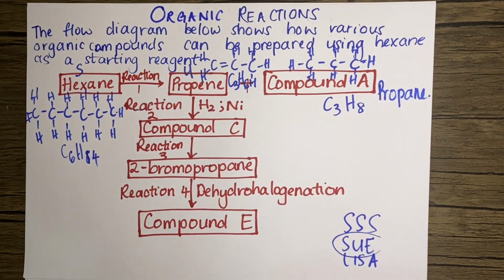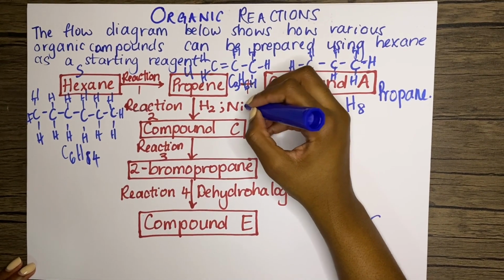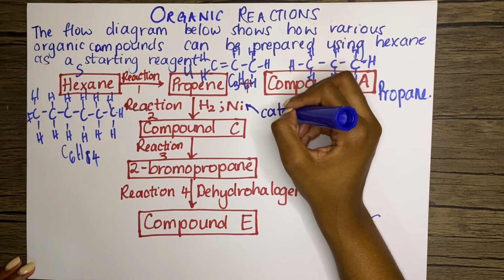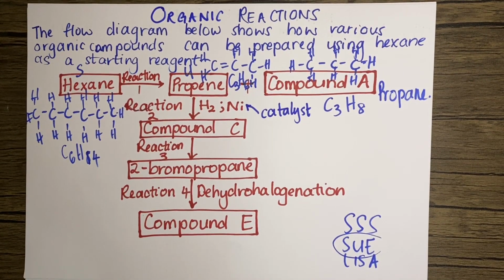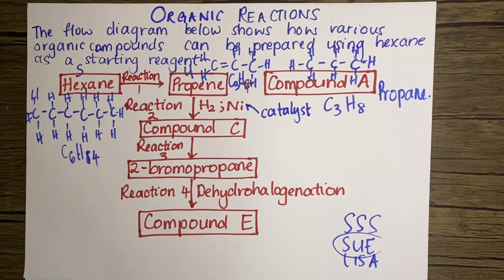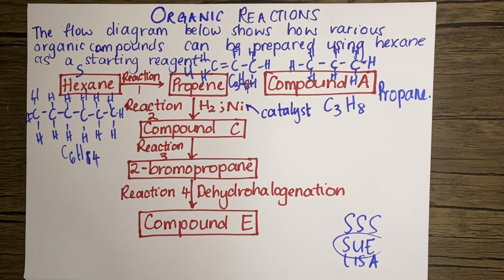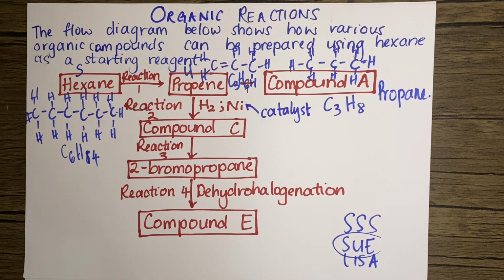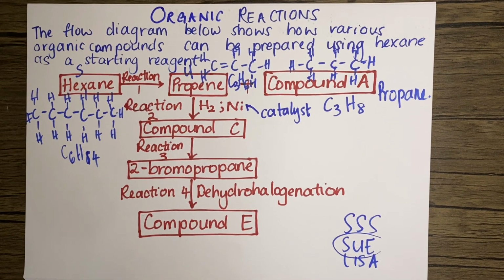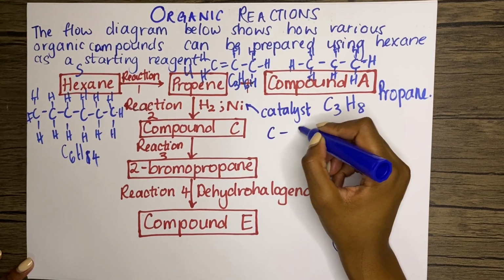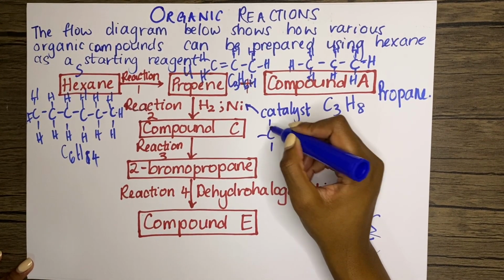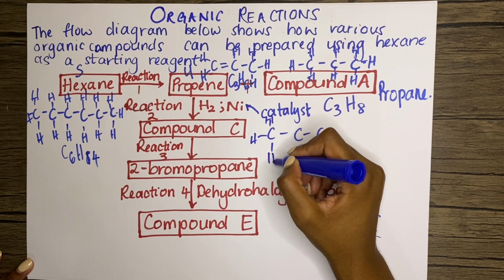The nickel here is a catalyst. If you remember, palladium can also be a catalyst, and platinum, right? So this nickel is a catalyst, which means compound C is the addition of hydrogens to the propene.